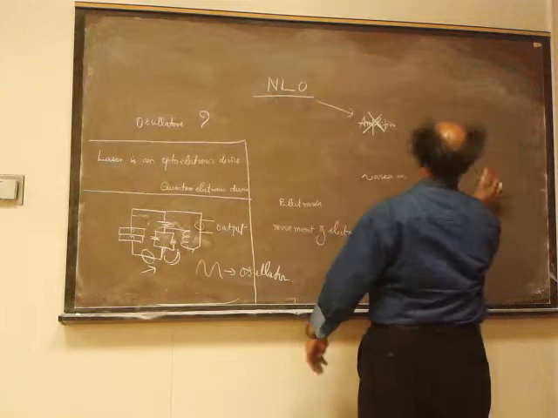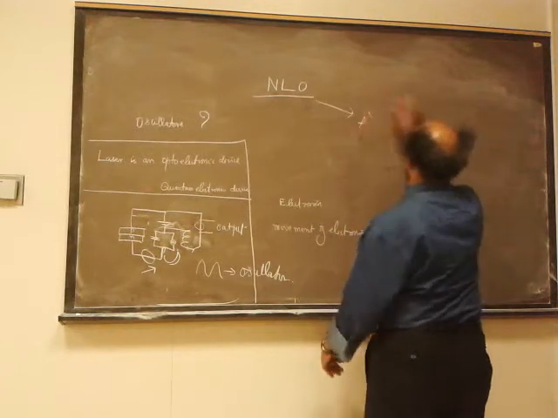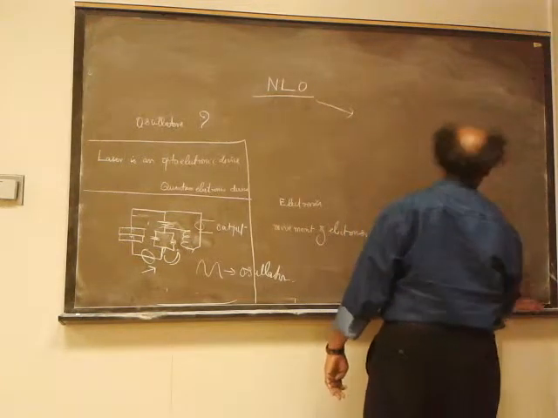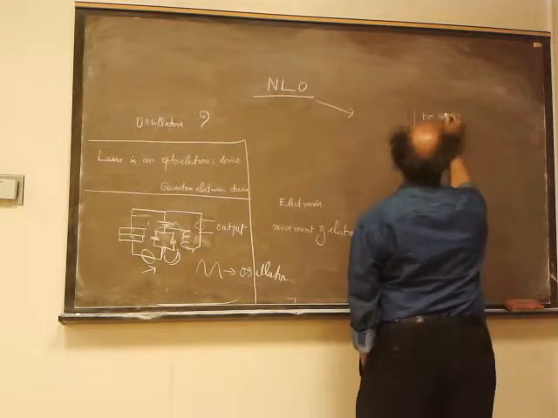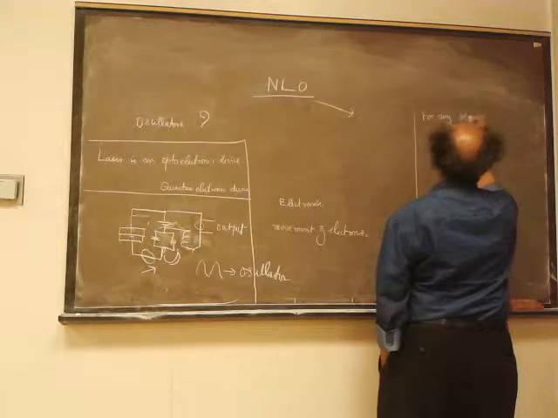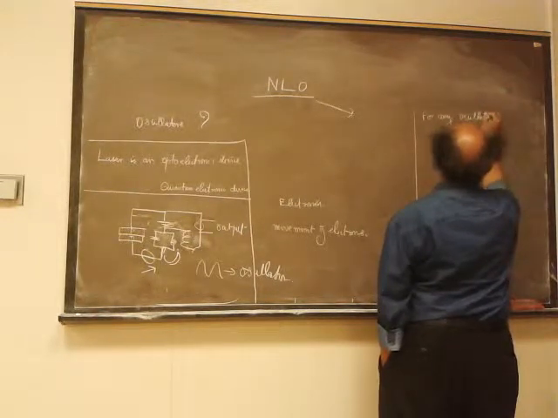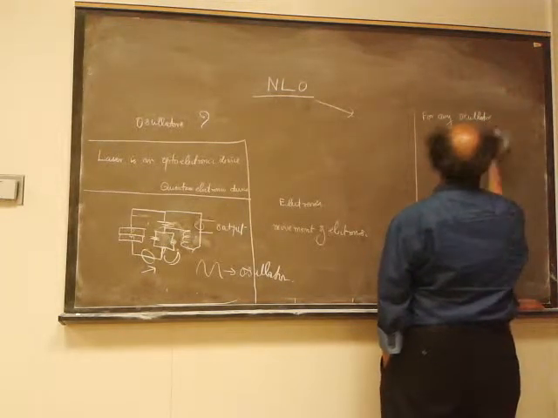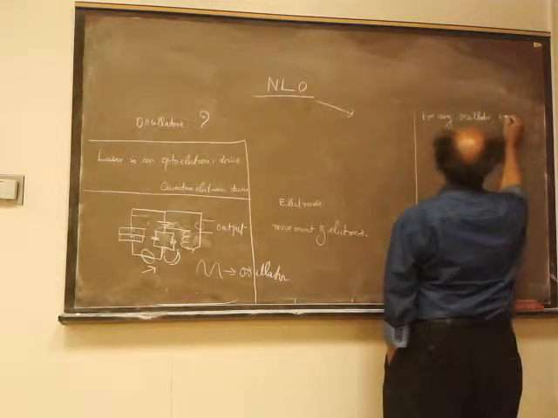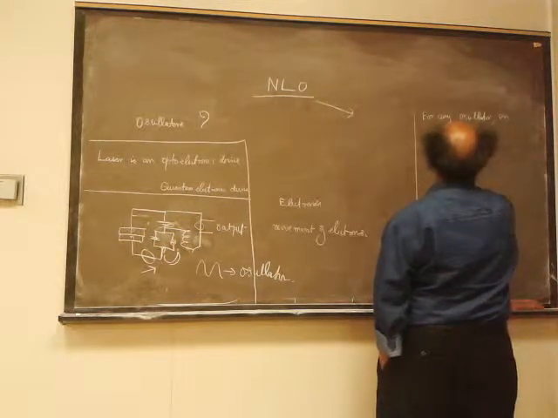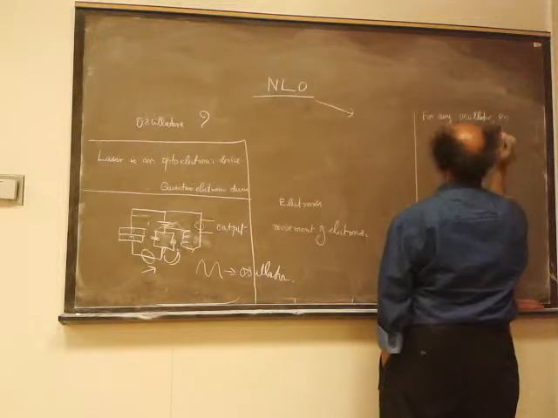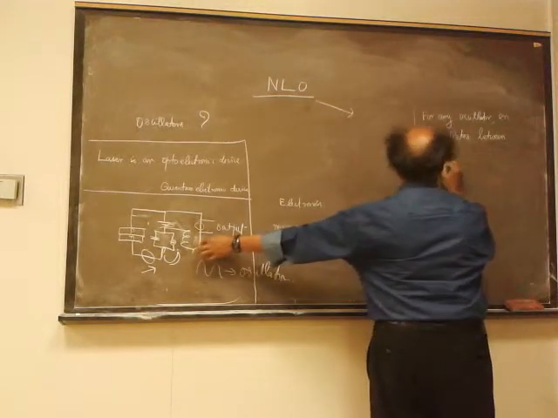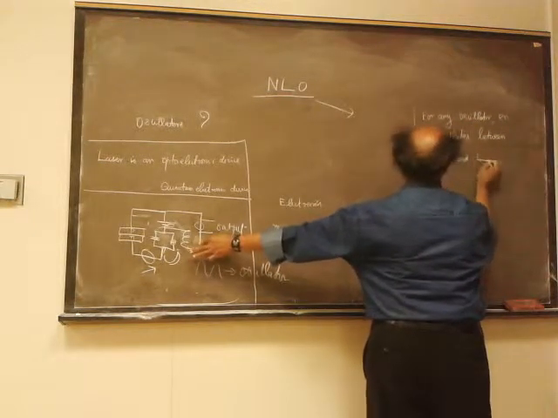Now look at this one. For any oscillator, the electron oscillates between capacitance C and L. Understand? Yes.